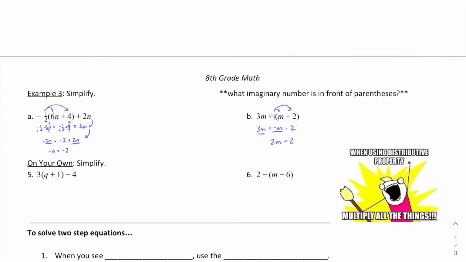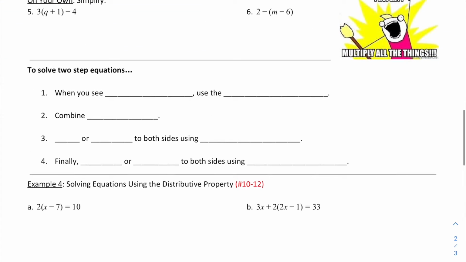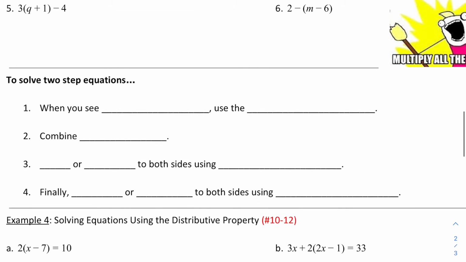Alright, last kind of example: solving two-step equations. So this is the wrap-up final lesson. When you see parentheses, use the distributive property. After you use the distributive property, we combine our like terms, so you must get rid of parentheses first.